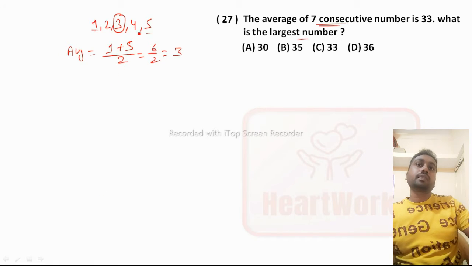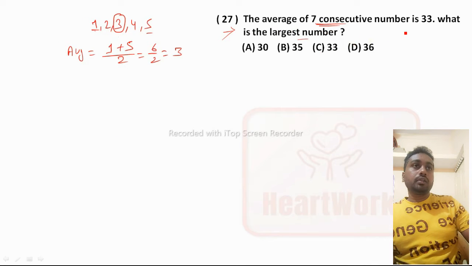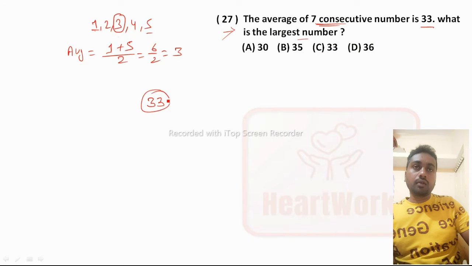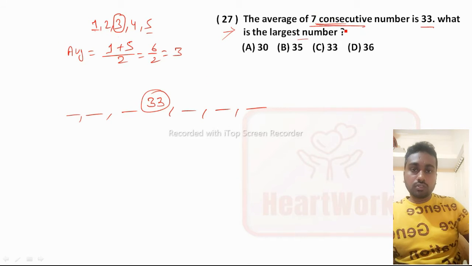According to this, if you compare this question, the average of 7 consecutive numbers is 33, which means the center number is 33. Now he is asking 7 consecutive numbers, so 3 more numbers should be on this side and 3 more on the other side, making a total of 7, and consecutive means a sequence.